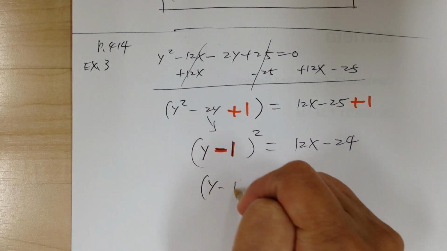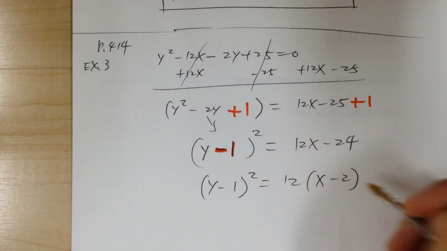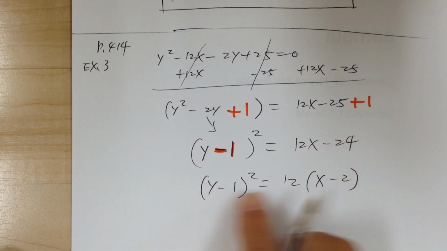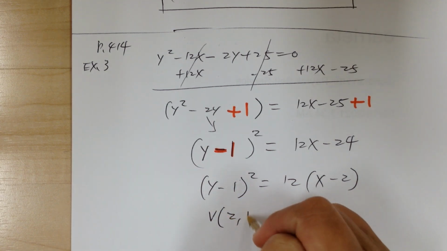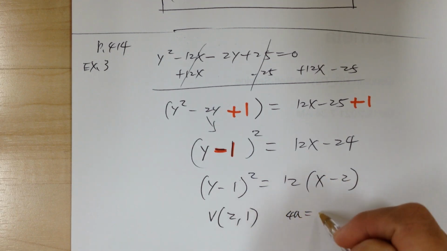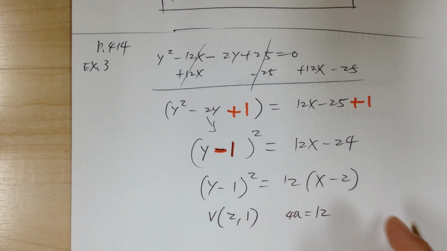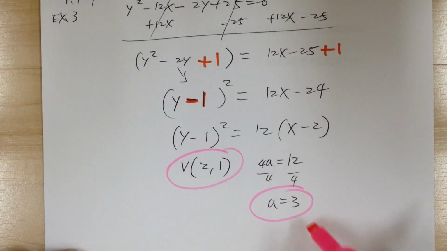So you're going to get y minus 1 squared equals, factor out 12, so you're going to get x minus 2. Okay. So from here, you're going to get vertex is going to be at 2, 1, right? That's your vertex. And you're going to get 4a equal to 12. Right, that's your 4a. So divide by 4, so a equal to 3. So here are your important informations. Okay? So very important information.